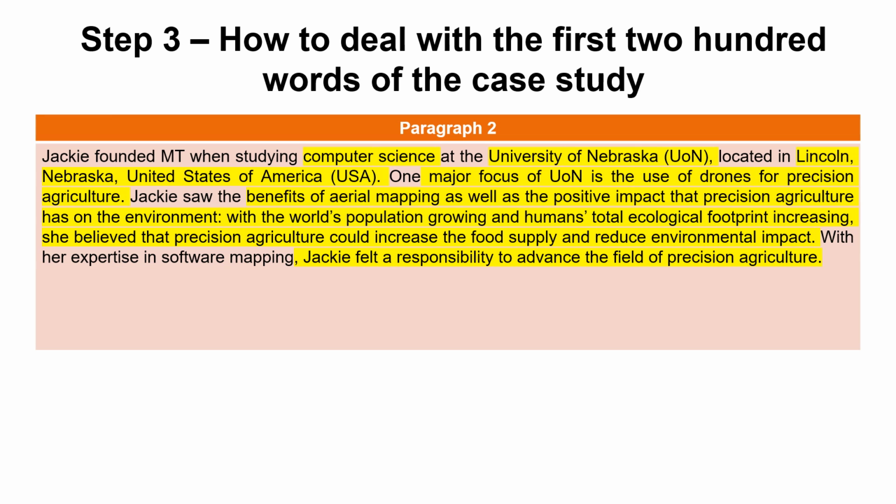Second paragraph you've given, context again, background, Jackie, computer science. So again, perfect skills. Now they've given you University of Nebraska, Lincoln, Nebraska, USA. Do some quick Googling. Have a look what happens around there. You'll find farming, agriculture.